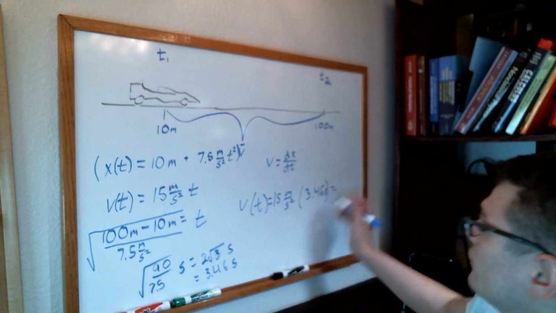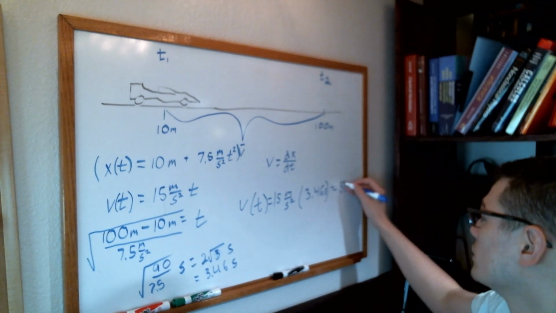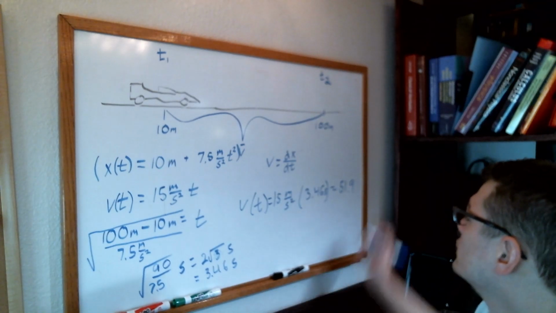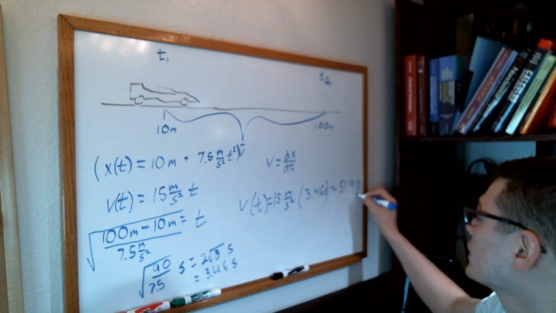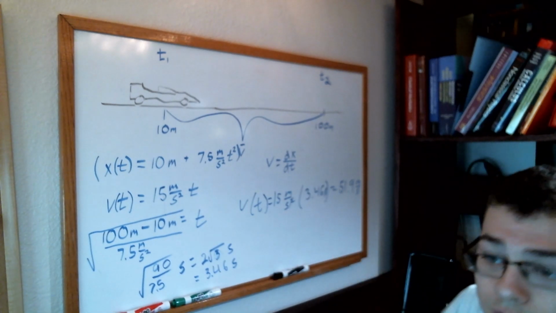So we're going to get 51.9, sorry, I said it backwards. And this should be meters per second, because this second cancels with the square there, and you're just left with meters per second.